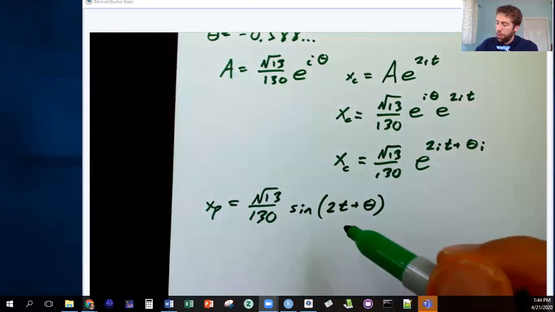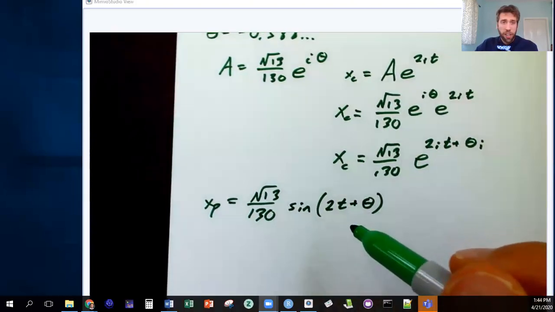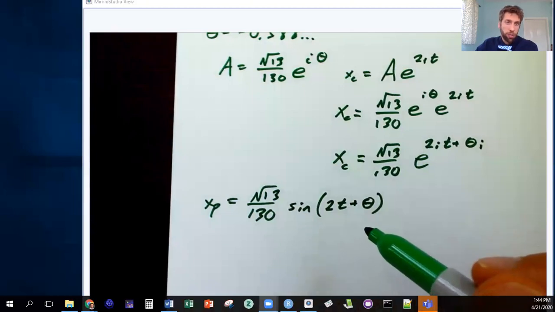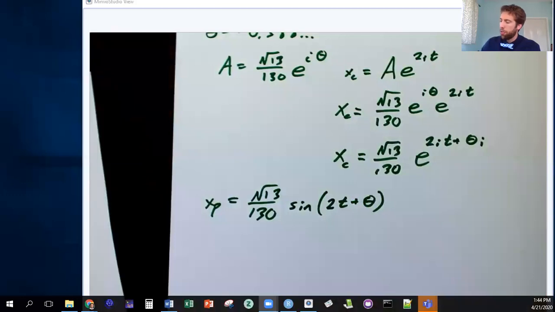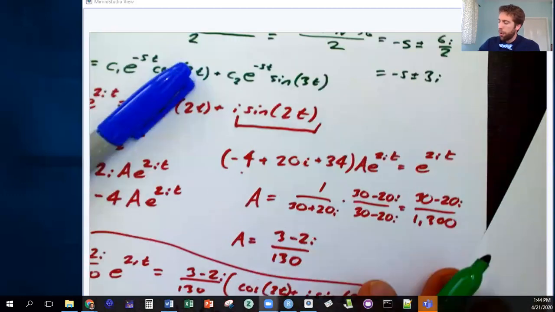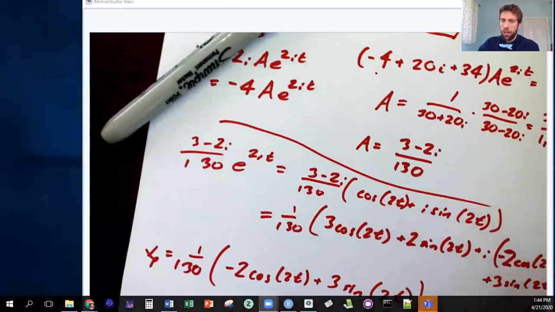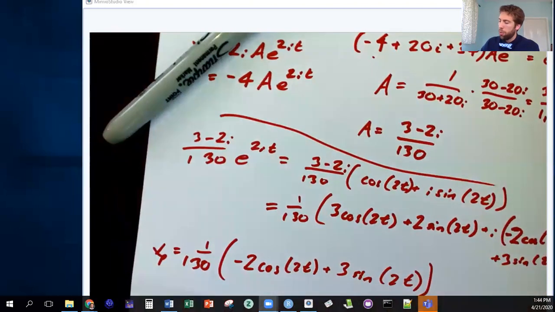So how does this differ from the other thing I have? Well, it's easier to know how to graph it and what it's doing. So instead of having, recall from the last section, where I did it the hard way, I had this number here, the 1 over 130. That didn't tell me that much. I got negative 2 cosines and 3 sines.